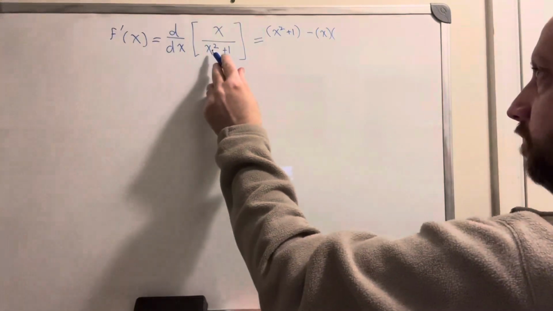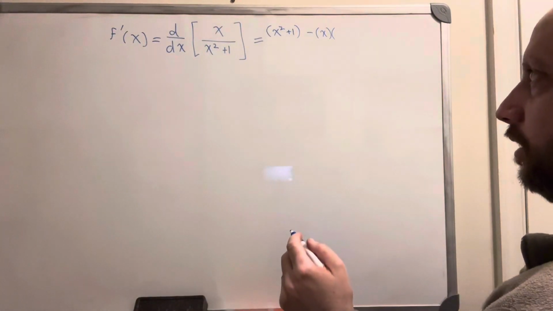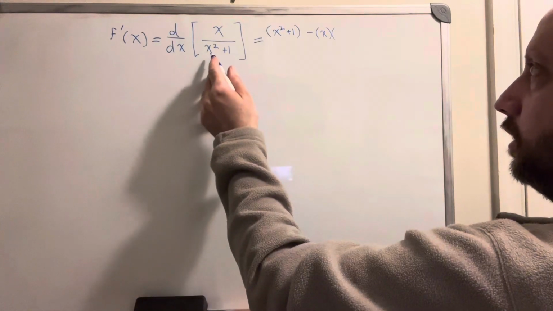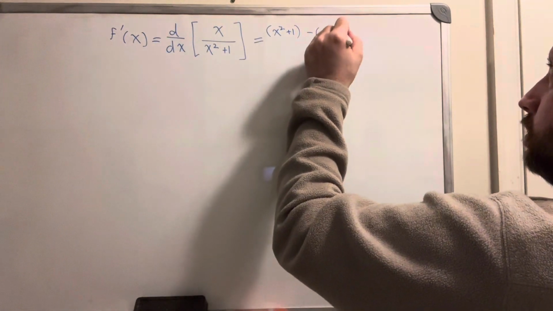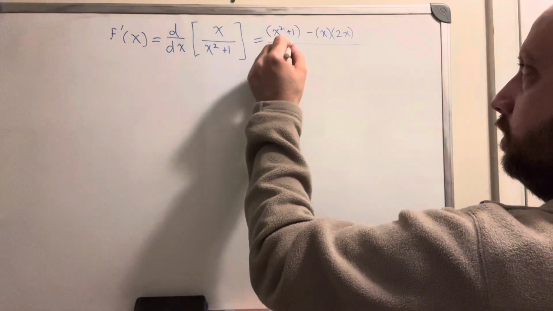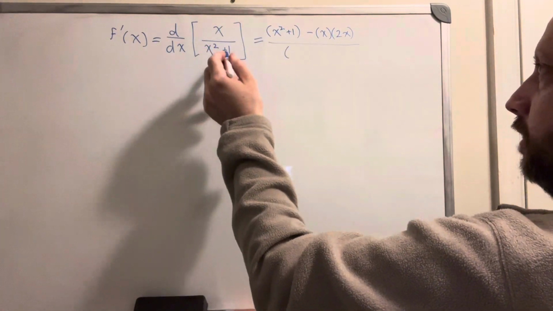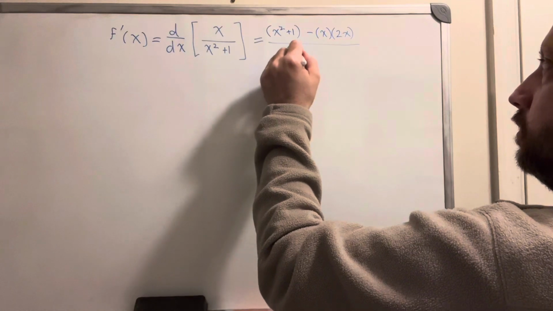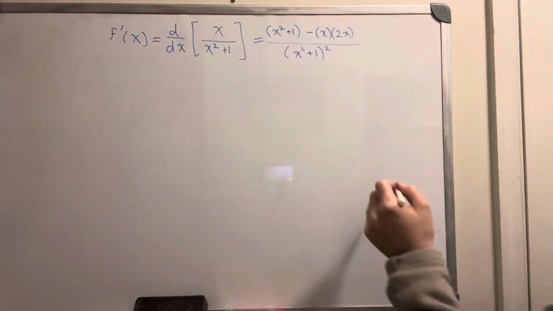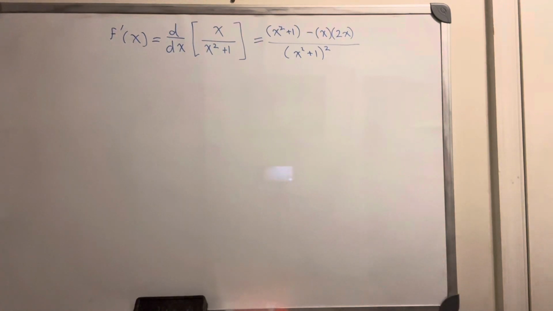What's the derivative of x squared plus 1? You can use the power rule. It's just 2x. All over the lower function squared. Okay. Can this be simplified?